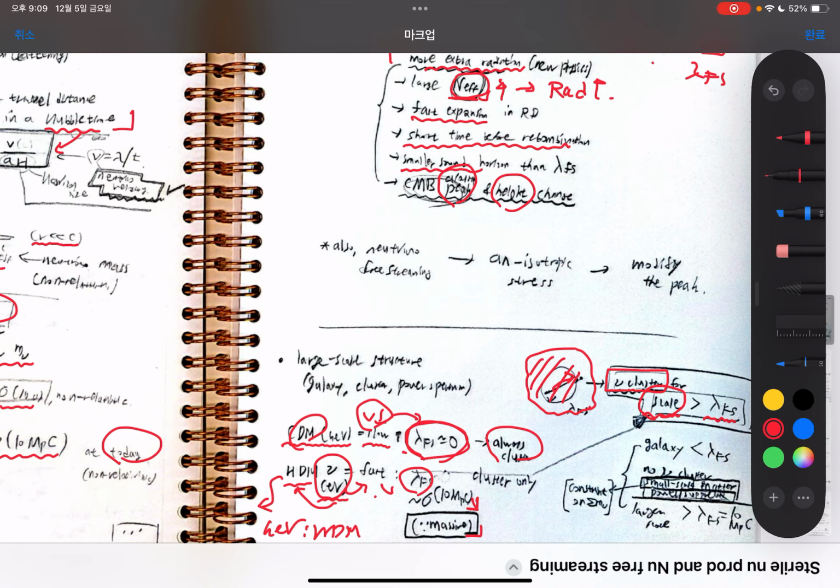But if the galaxy scale is smaller than the neutrino free streaming length, then such hot dark matter active neutrino does not cluster. So this makes the small scale power spectrum have a suppression.